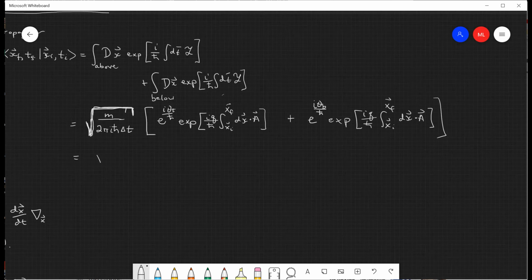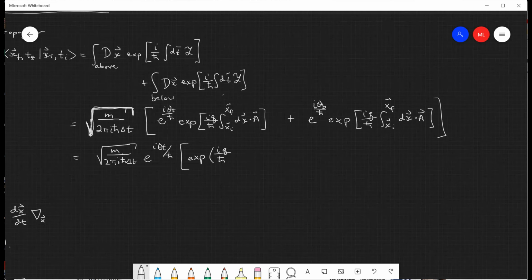And what we get is we can factor out, say, the phase associated with going through the top paths. And these themselves are phase factors, so we can also factor out one of these exponentials. We're going to factor out this one, the one that goes for the over top paths, the first one.